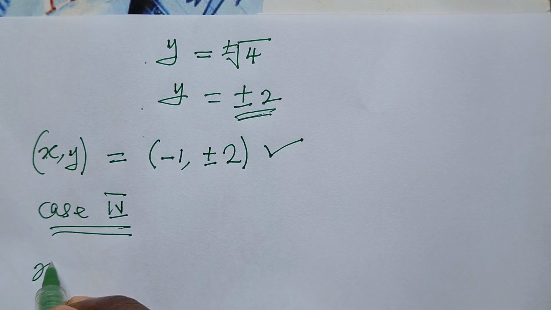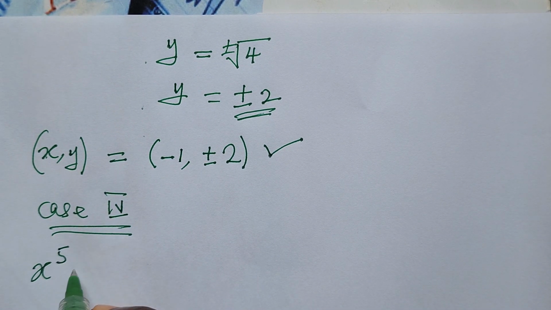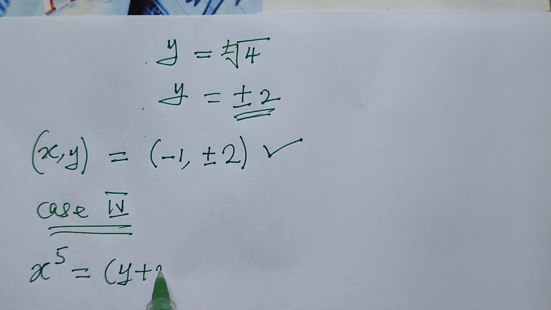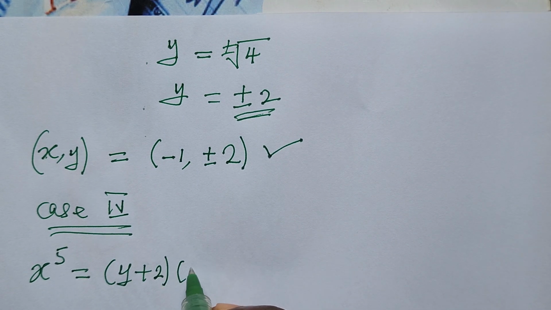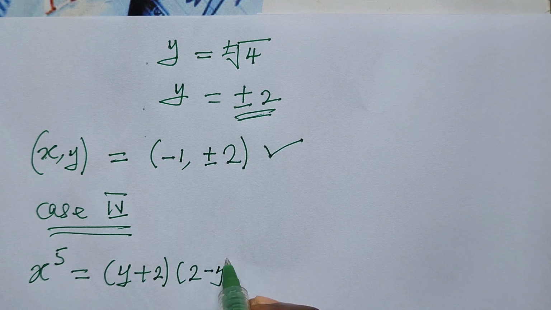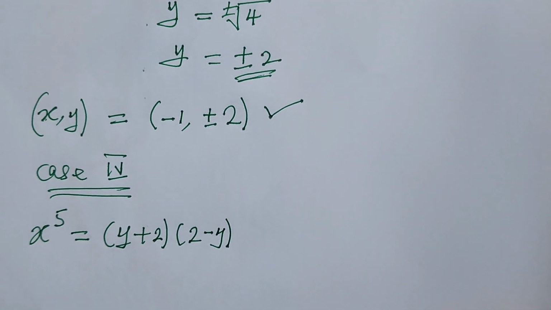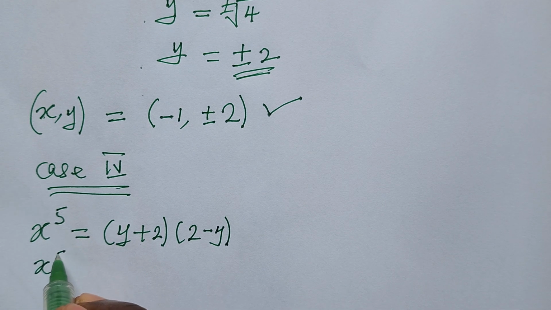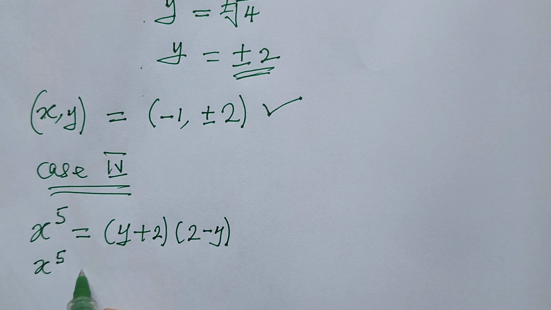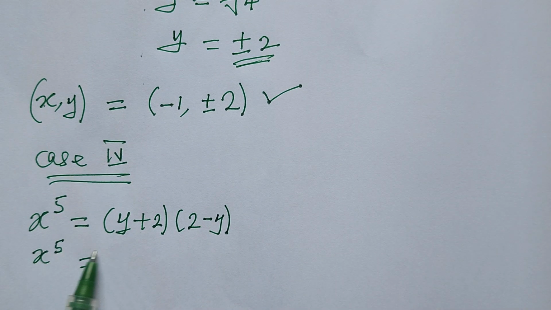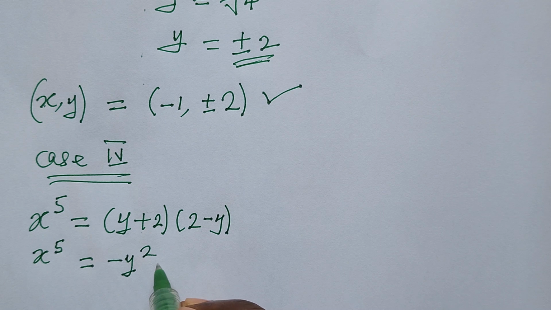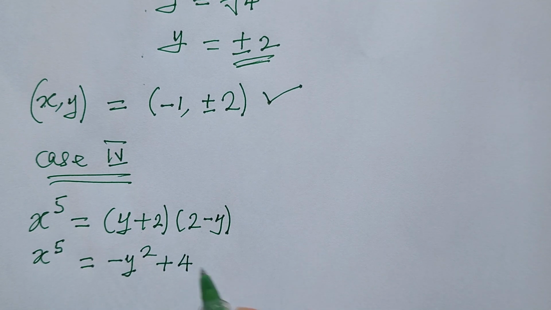So here we're going to have x to the power of 5 equal to (y plus 2)(2 minus y). If we open this up, it's going to give us x to the power of 5 equal to minus y to the power of 2 plus 4.